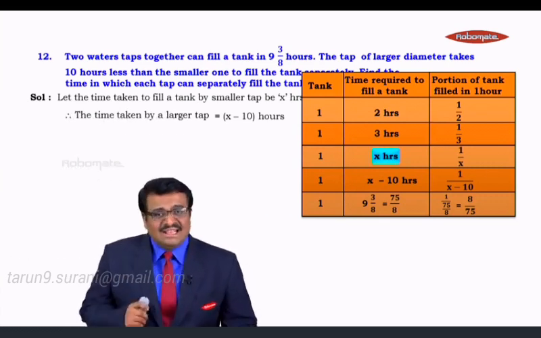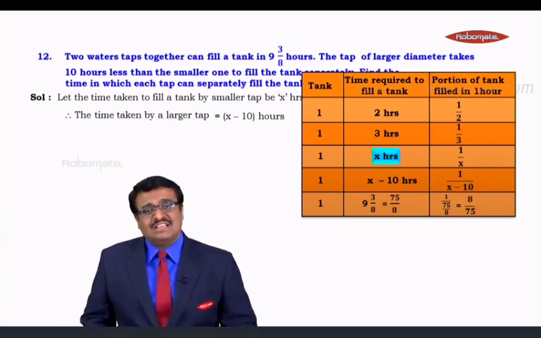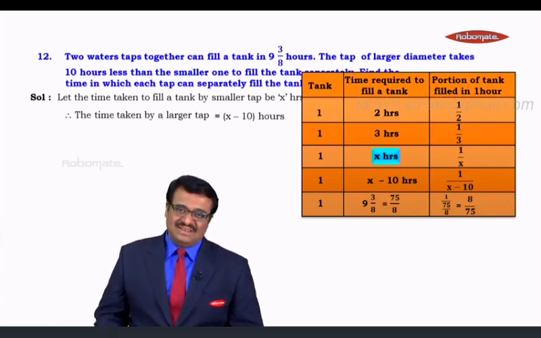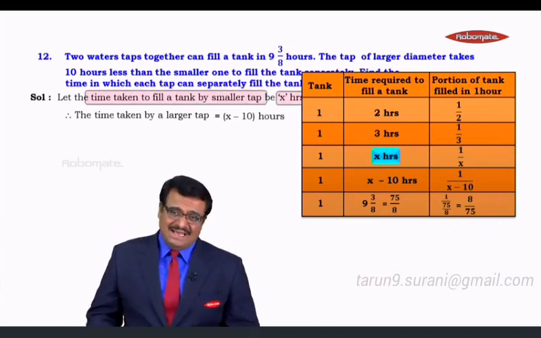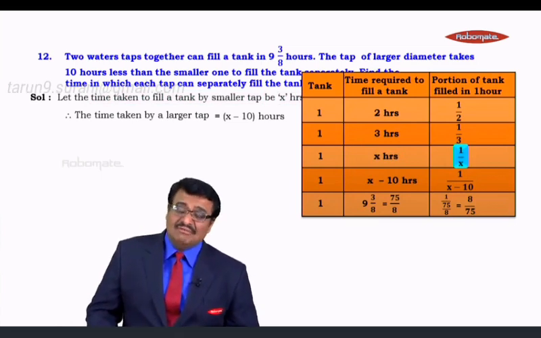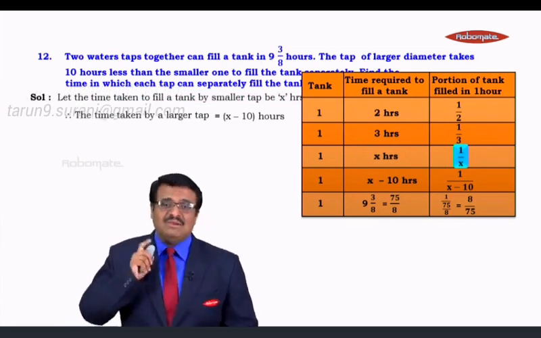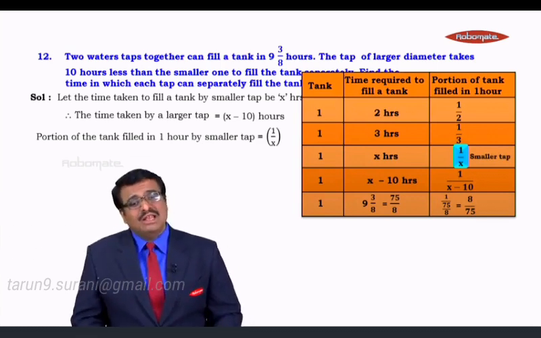Now, x hours. What is x hours? We have taken the time taken to fill the tank by the smaller tap to be x hours. So x hours is the time taken by the smaller tap. So what is this 1 upon x? 1 upon x is nothing but the portion of the tank filled by whom? The smaller tap in 1 hour. So 1 upon x is the portion of the tank filled by the smaller tap in 1 hour.